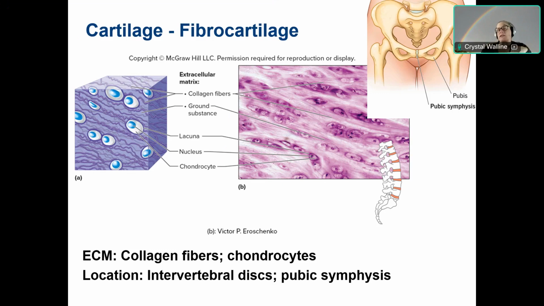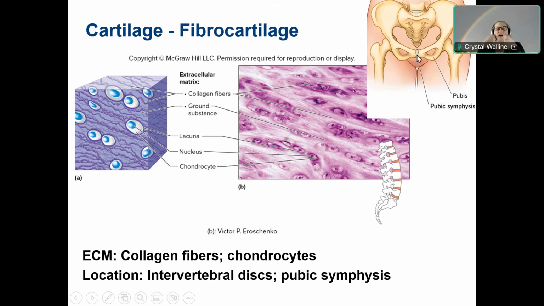Again, there's only two places in the body that you find fibrocartilage. One is in the intervertebral discs in between the vertebra in your spine, and they are there to withstand compressive forces on the spine. And the second place is between the two pubis bones of your hips, and it connects the pubis bones.